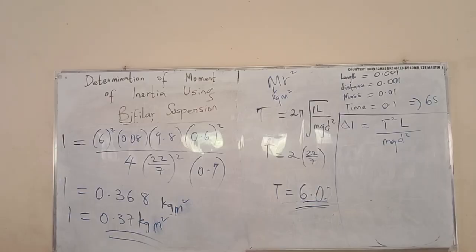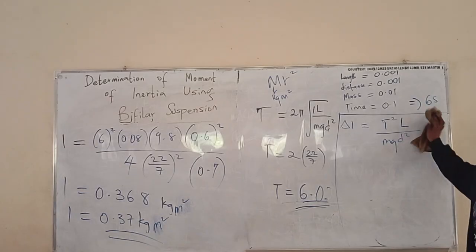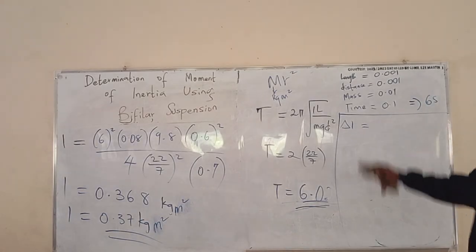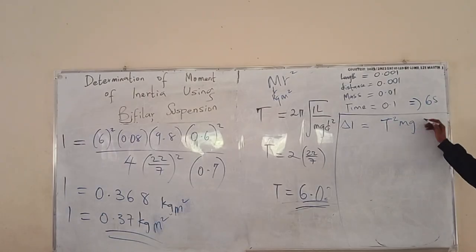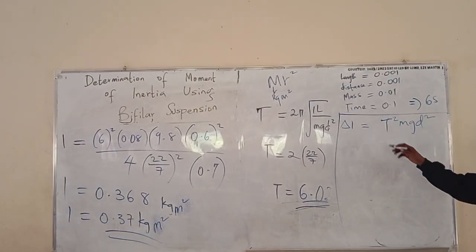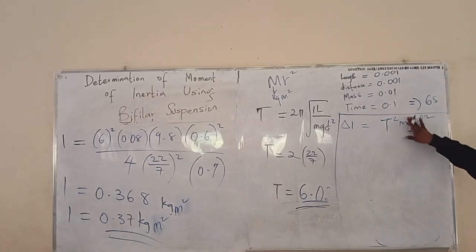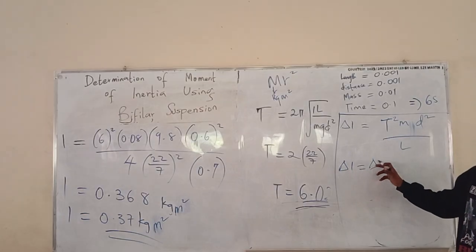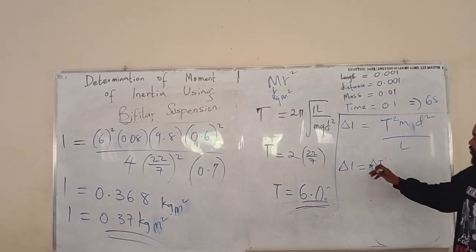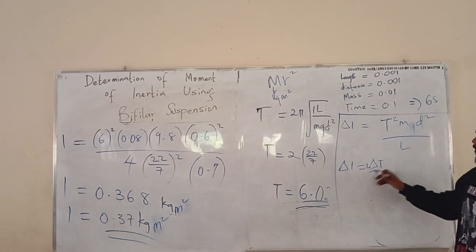Check. Mg over L. Okay, so from this place I now need that changing I will be changing t squared. So check 2. Shall we?